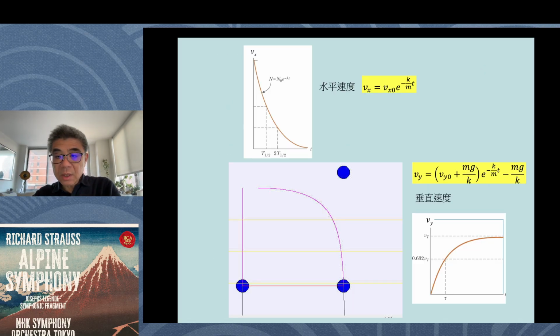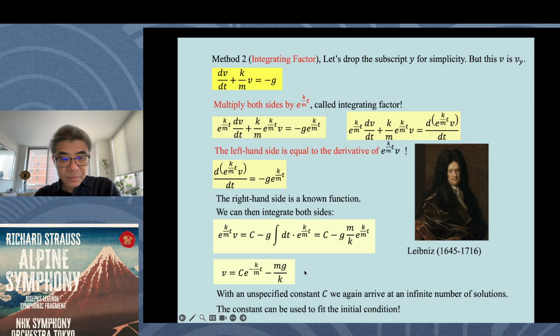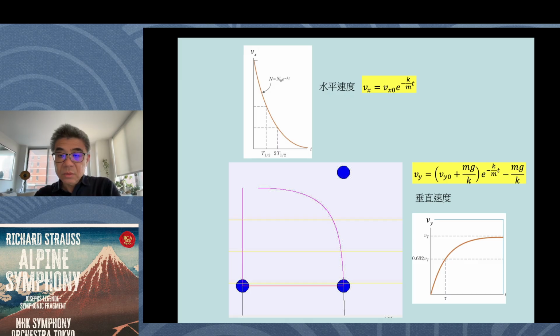Okay, so if we put in the initial condition, you will see that Vy is equal to Vy0, that's the initial condition, plus mg over k times exponential minus k over m times t, minus mg over k. So let's take a look at how the function will change over t.